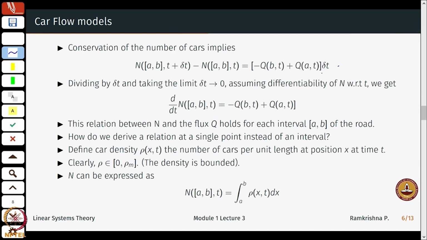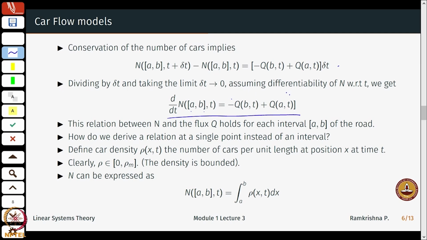Okay. Now, I divide by delta t and take the limit, and I have a nice looking ordinary differential equation in terms of n: the rate of change of the number of cars in the interval a comma b is defined by the number of cars leaving point b and the number of cars entering point a.